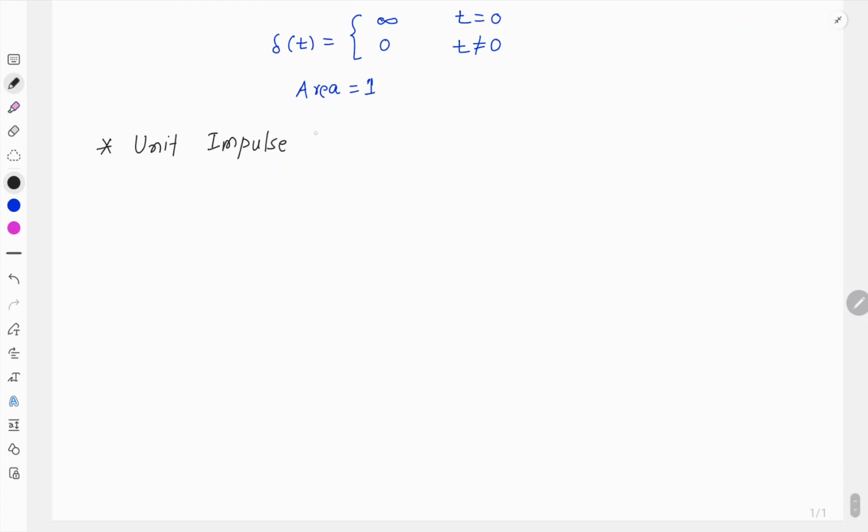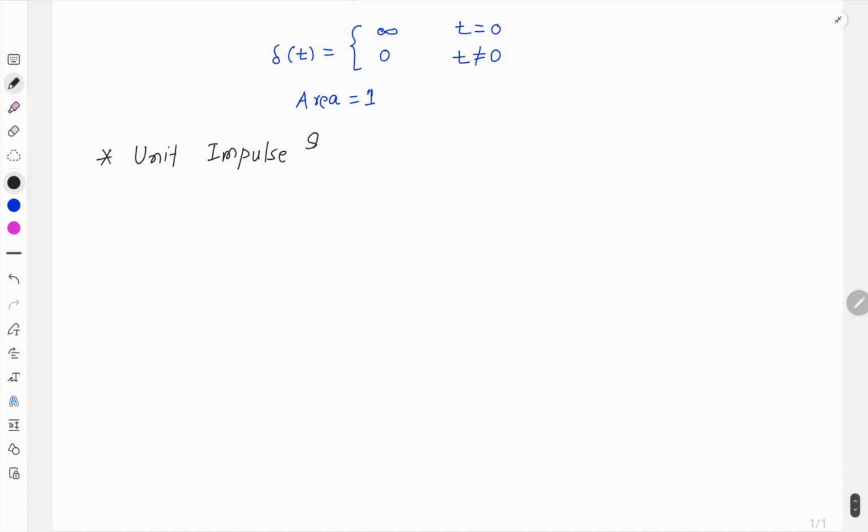As the name suggests, this unit impulse signal has amplitude equal to 1, and this signal can be denoted as delta(t) equal to amplitude 1 at t equal to 0 and 0 for t not equal to 0, or you can mention it as otherwise.